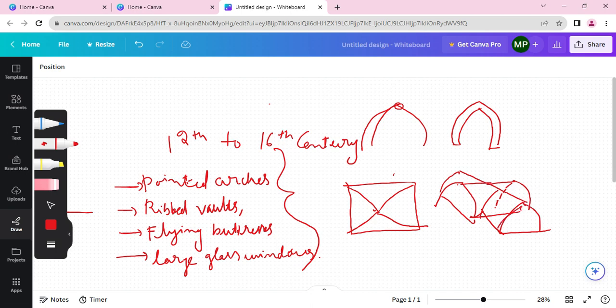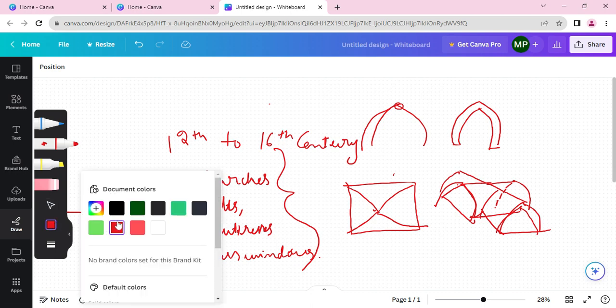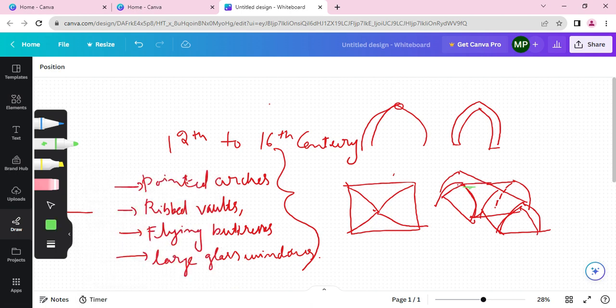Such structures are called ribbed vaults. This is the main solid surface that forms here.